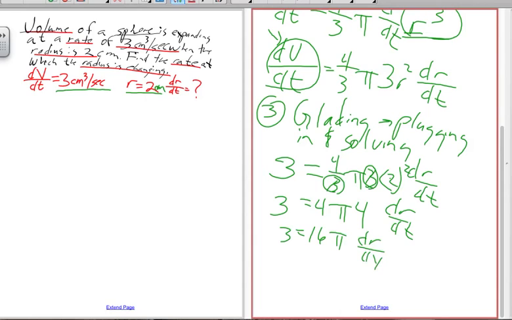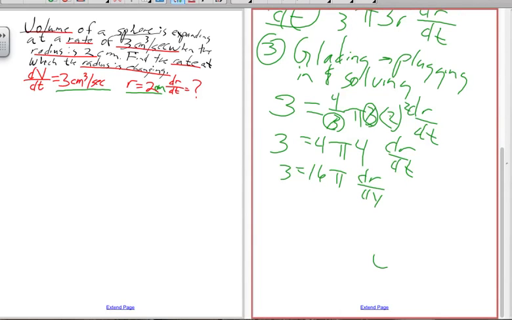And now I solve for dr/dt, which means I divide by 16 pi. And we solved it. We're done.